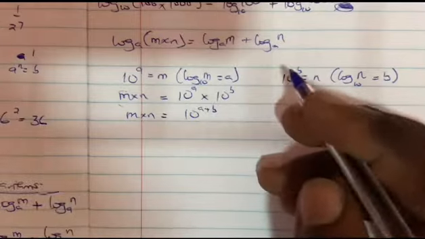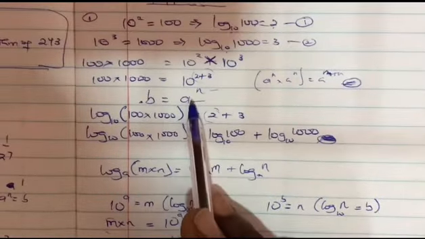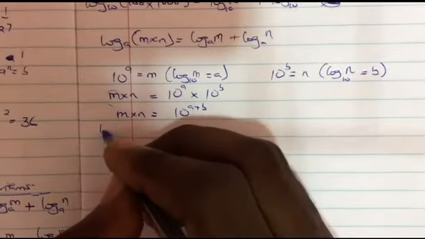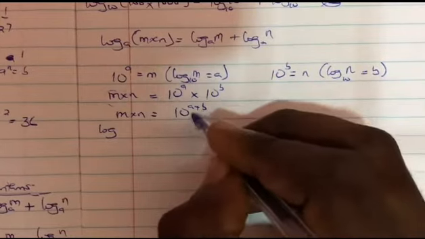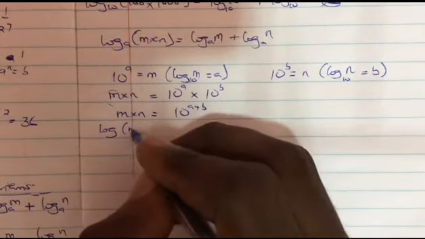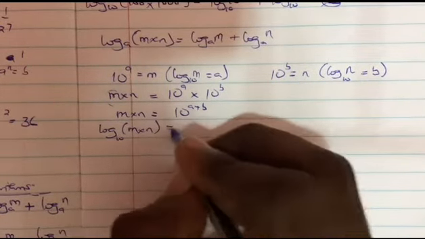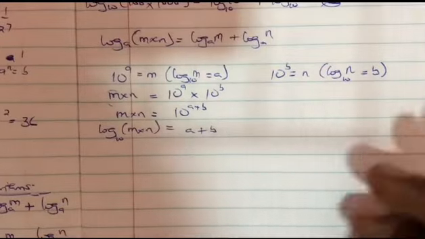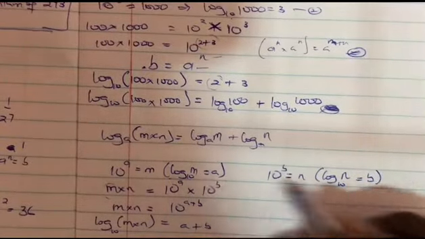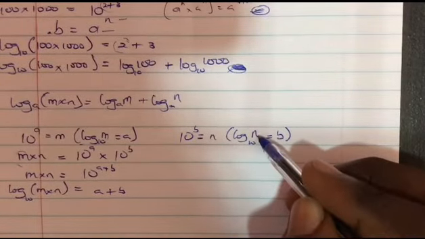This is also of the form b is equal to a exponent n. So this is the index, this is the base, and I can say that log of m times n to the base 10 is just equal to a plus b. But then what is a? What is b?